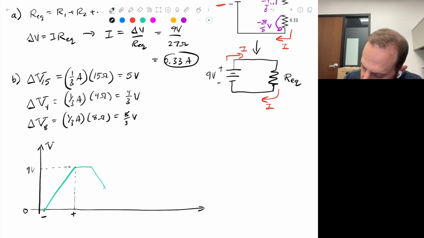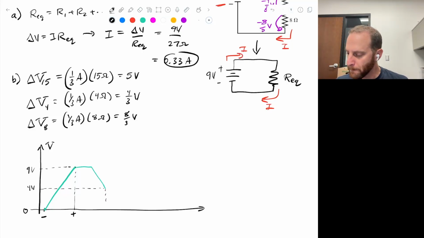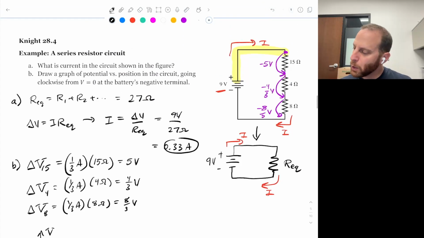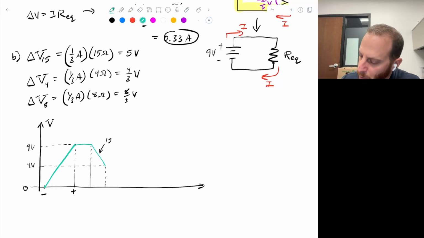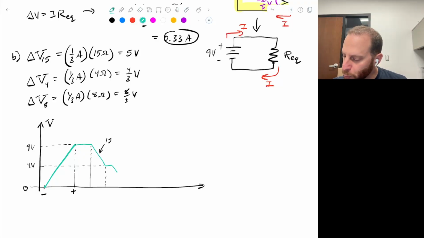And so at this point the potential should be about 4 volts. In this region here, this would be the 15 ohm resistor. Now notice that there is a little bit of conducting wire between those resistors, so we can draw a short horizontal line indicating that there's no resistor in between them, but then the voltage will drop by another 4/3 volts.